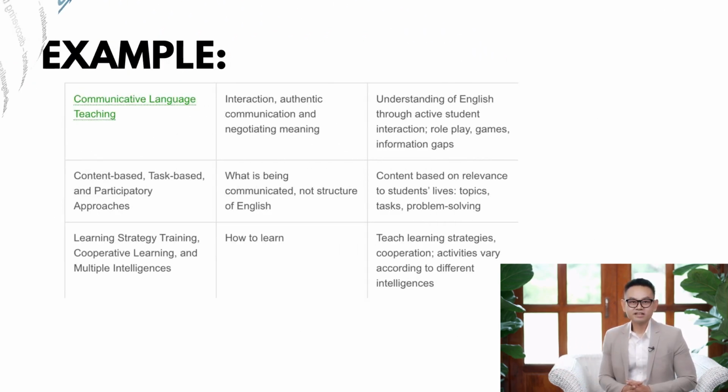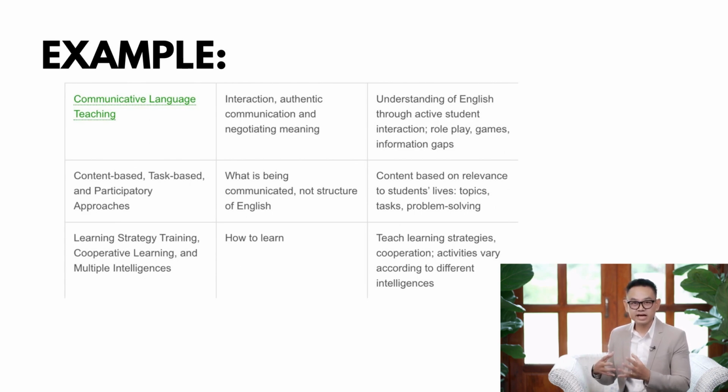Now, let me share with you more. Let's look at this example. If you choose communicative language teaching, or CLT, as the method for your classes, then you have to focus on interaction, authentic communication, and negotiation of meaning.